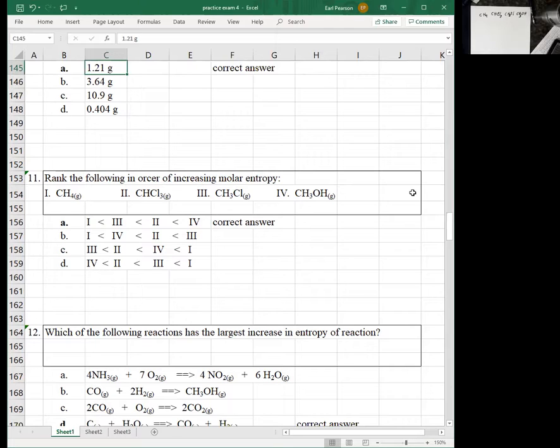Entropy is disorder. So the first thing we're going to look at is the total number of atoms in the molecule.